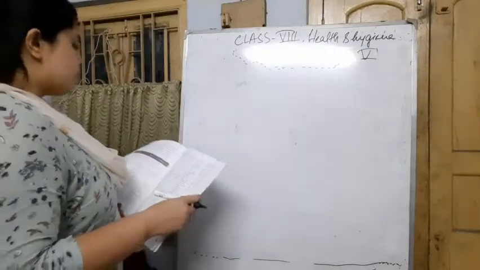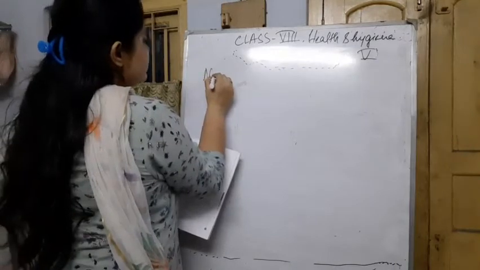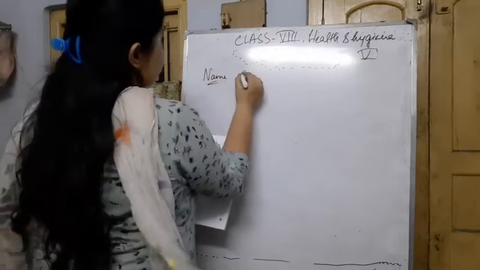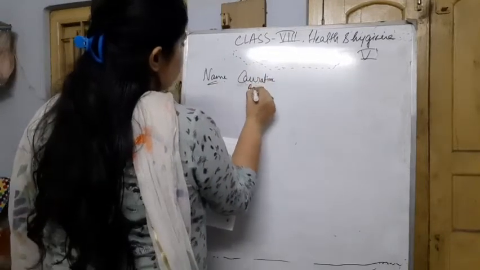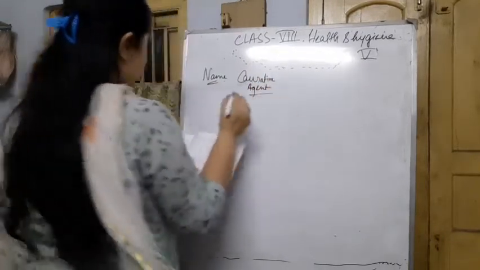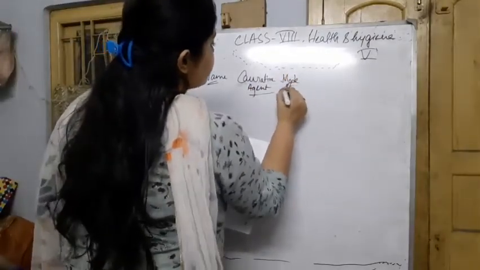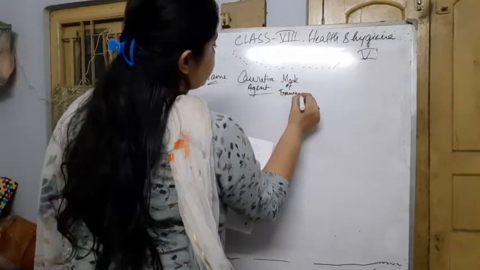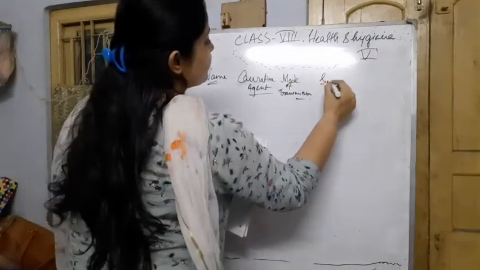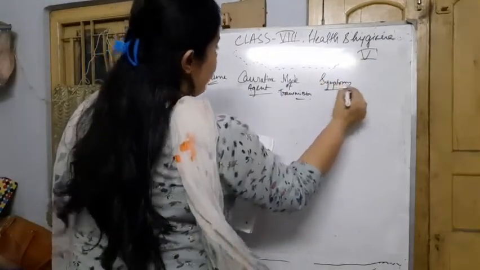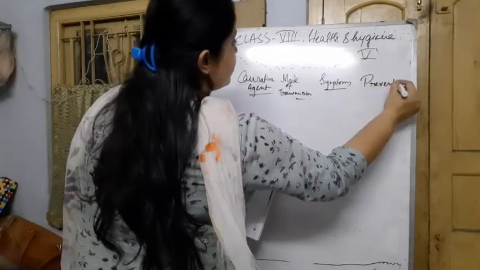So first of all, we will write the name of the disease, then the causative agent, all like before. Next, mode of transmission. Next, some symptoms, and last, prevention methods.